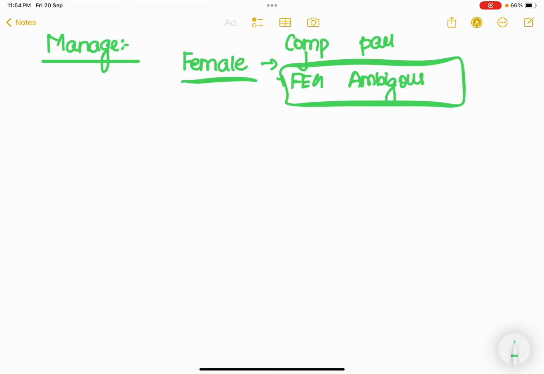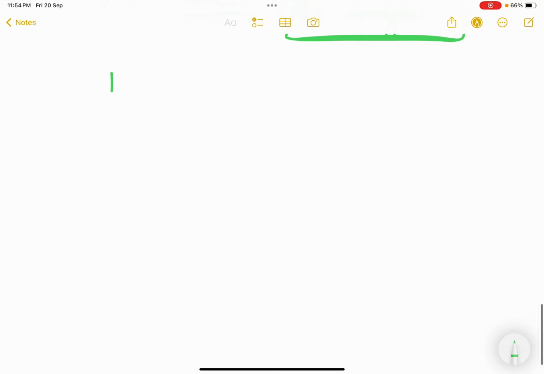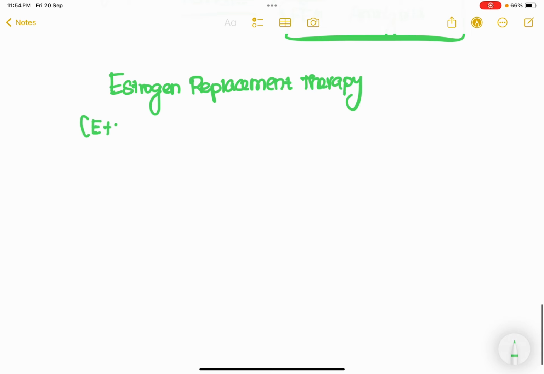Since this patient doesn't have any uterus, you can give estrogen replacement therapy. Why not progesterone? You have to give estrogen plus progesterone in any female in whom a uterus is present, because without giving progesterone, if you give only estrogen to a female, it is going to cause increased proliferation of the uterine endometrium.